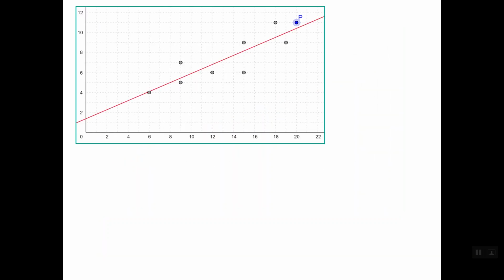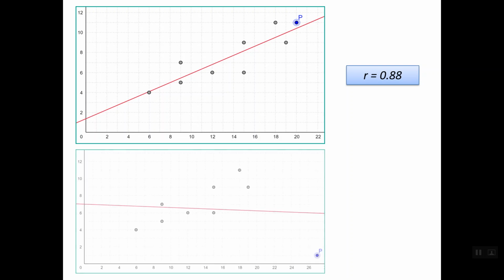Let's understand more about the outlier point. For example, here the point P is not an outlier. It is a consistent point, like the other observations. So the correlation coefficient small r is 0.88. So we have a strong positive correlation between X and Y. See in this figure, the point B becomes an extreme point or outlier point.